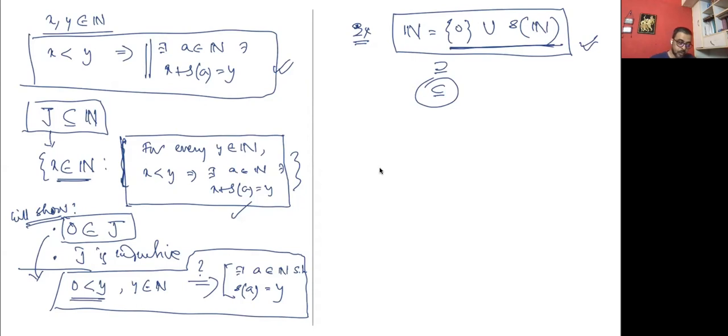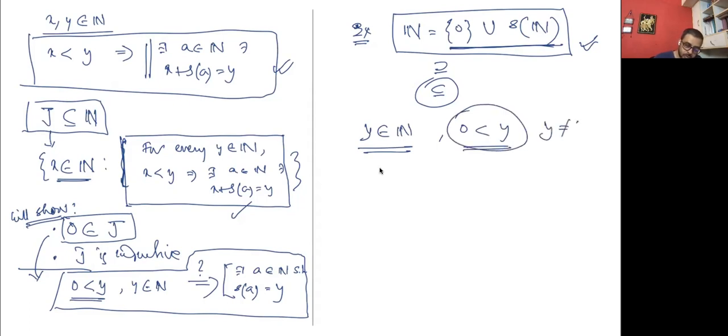Okay. Now, once you prove this statement, you look at what we are supposed to verify. So we have something in N which is greater than 0, which means in particular this is different from 0. So this y has to come from this part, right?